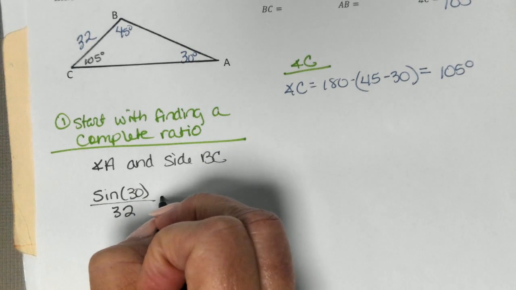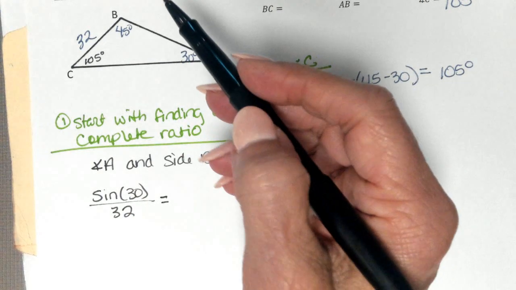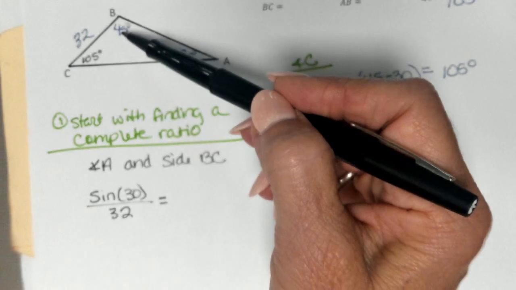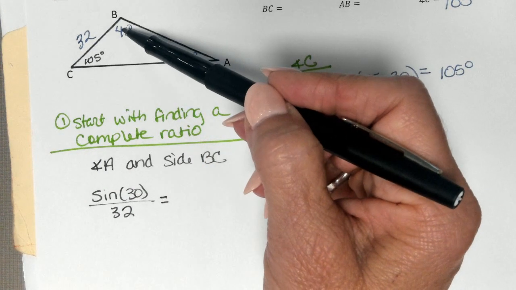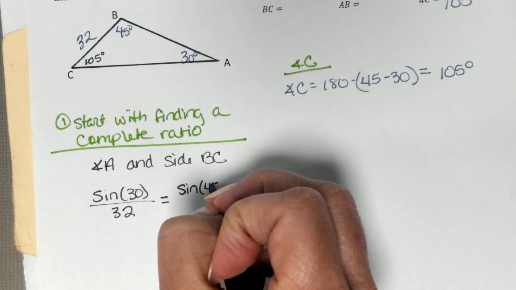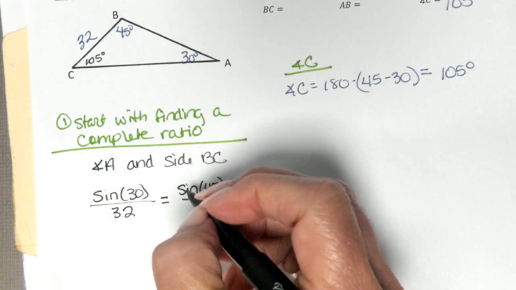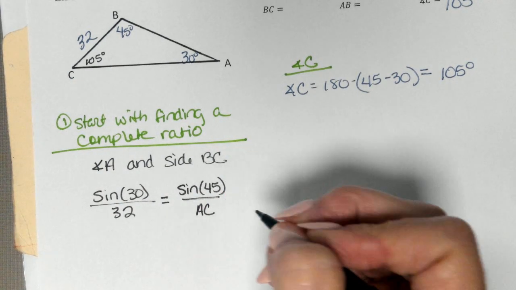I'm going to set that equal to one of my other angles. If I start with angle B, the sine of 45, then I need to solve for side AC. So I'm going to put AC right here.